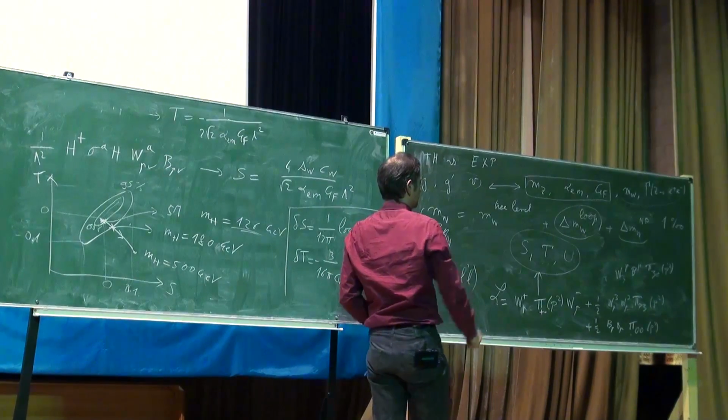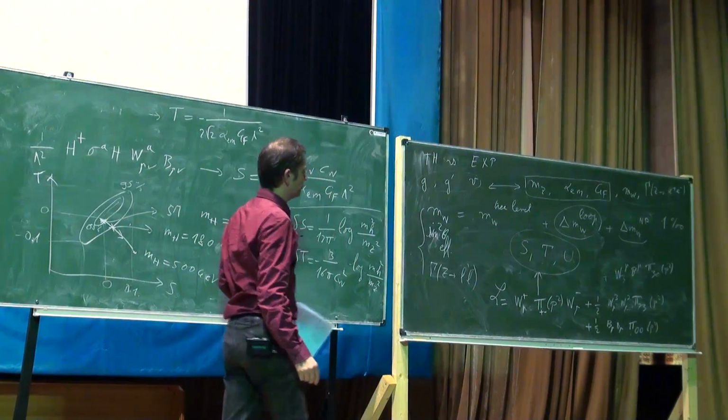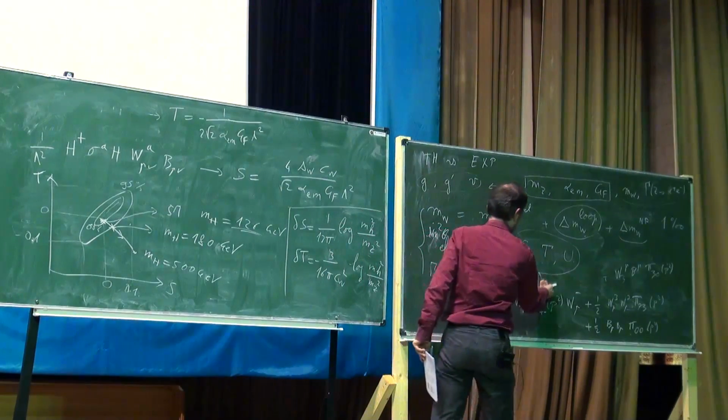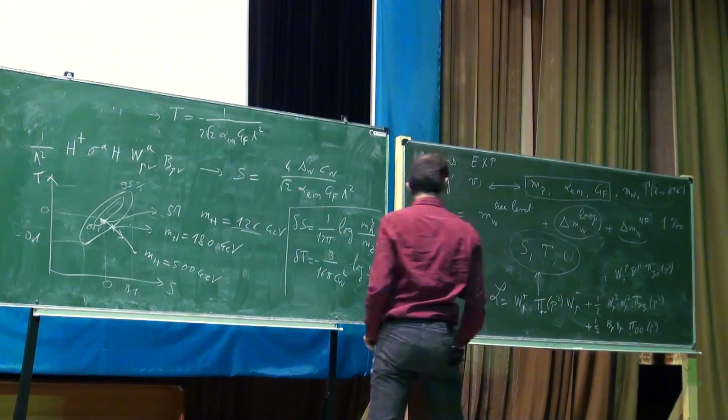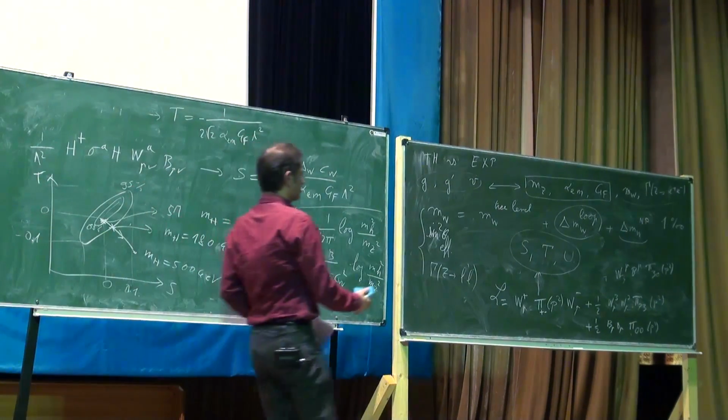And then S, T, and U are simply related to the derivative, to the value of this self-energy. So I'll give you the definition, then you will know everything about electroweak precision data.